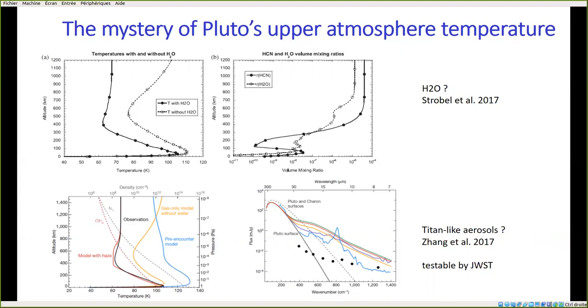So this is an interesting idea, but it needs to be validated. And remarkably, in fact, this prediction is testable by observation with James Webb, which will be able to measure, if it exists, any large emission from the haze in the far infrared.